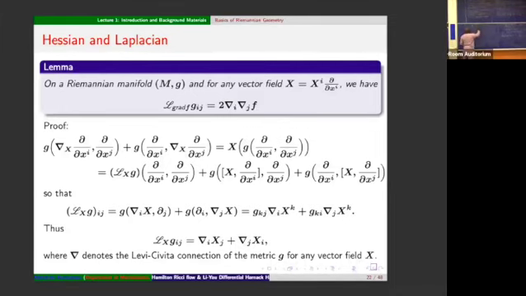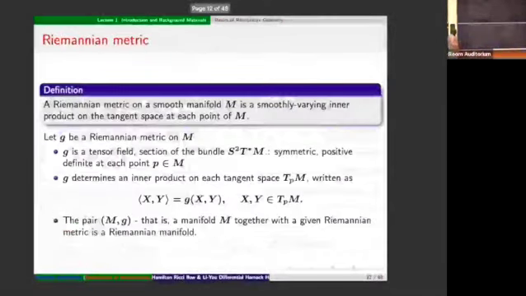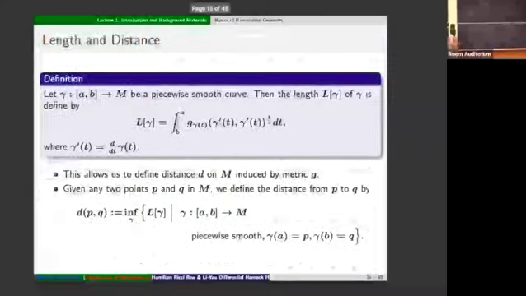I defined that earlier on. So the theorem says that you can have the Lie derivative now. Okay, can I write it properly? The Lie derivative of this metric in the direction of x.